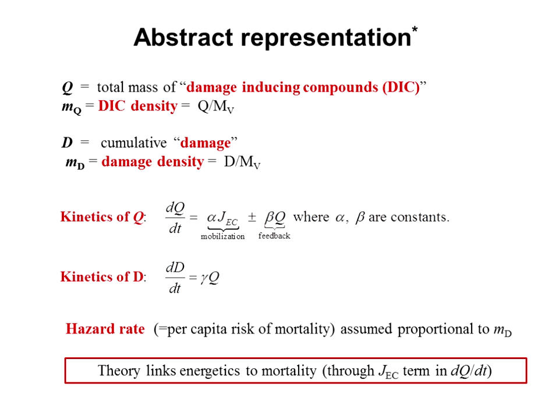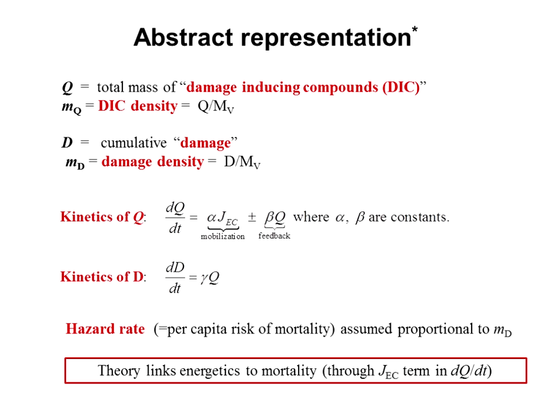One is called damage-inducing compounds, the other is called damage. And in next week's lecture, which is on ecotoxicological applications, I'll talk a bit about how you relate the damage-inducing compounds to real measurements.